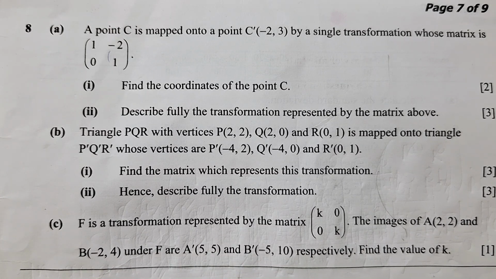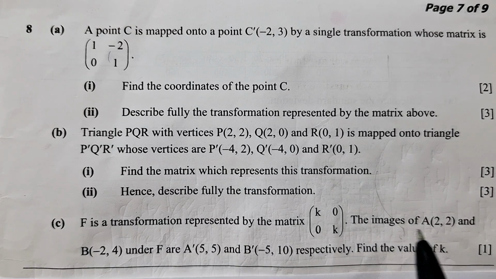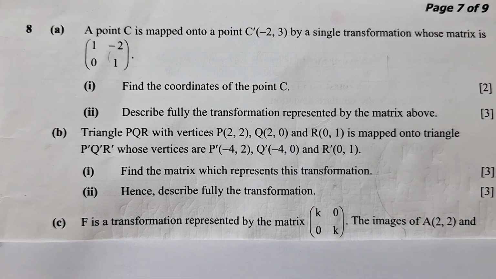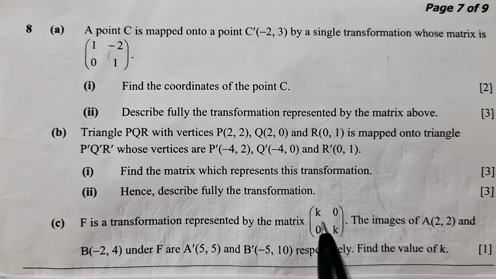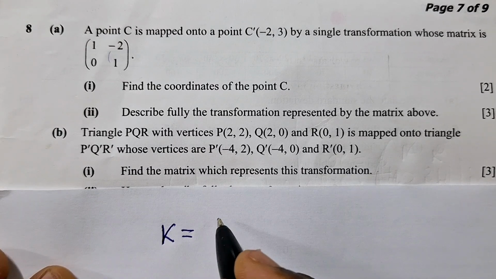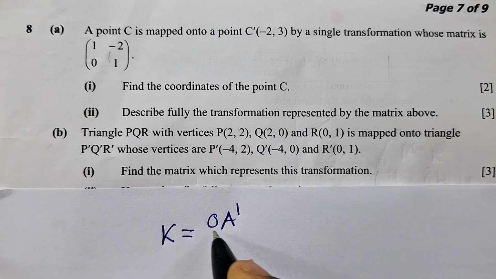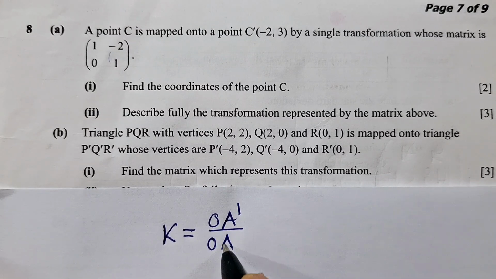Find K. So to answer the last question here, we're going to say, since we know that this is enlargement, we've got the same number here or same entry here in the major diagonal. So we're going to say K, which is a scale factor, is equal to, we can say, OA prime over OA.